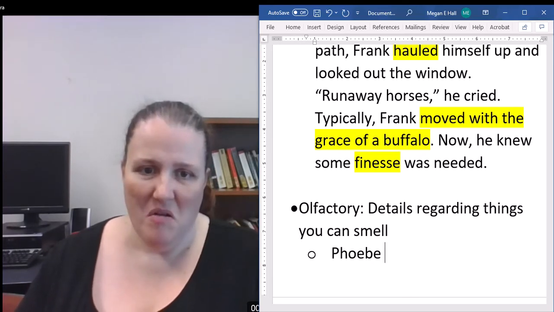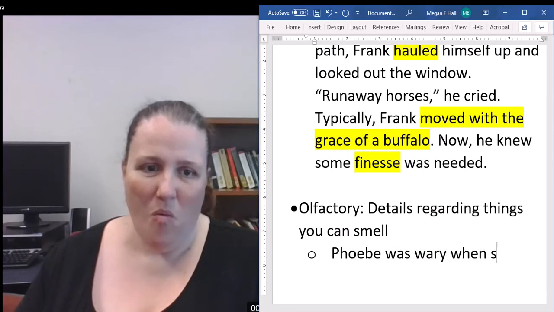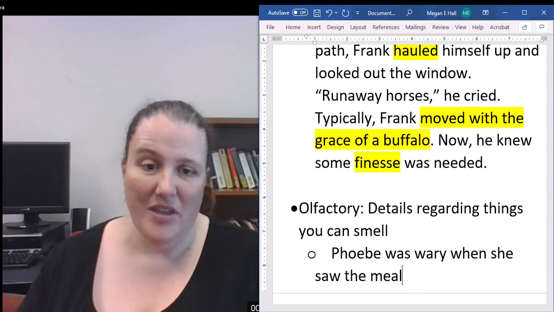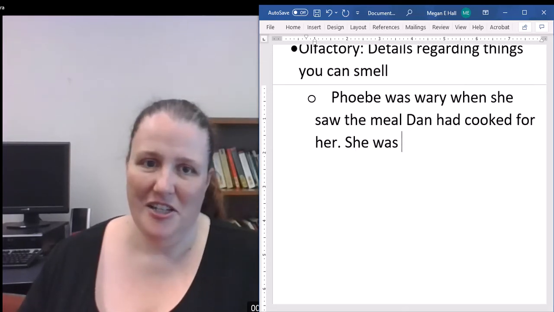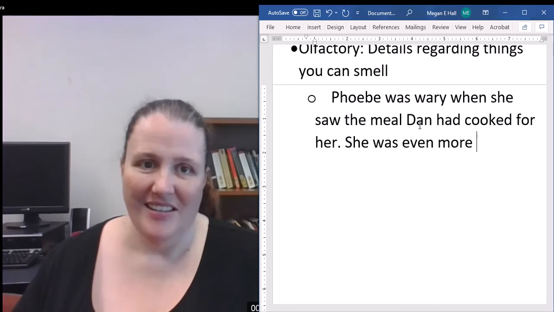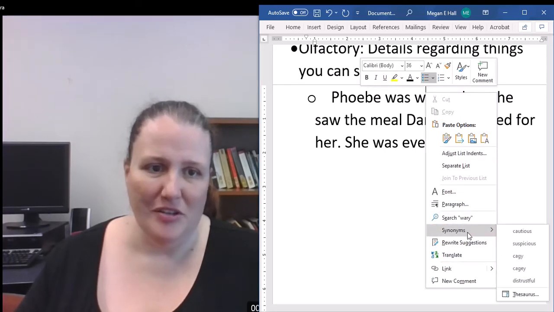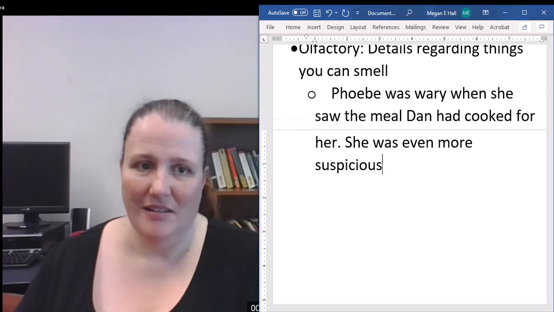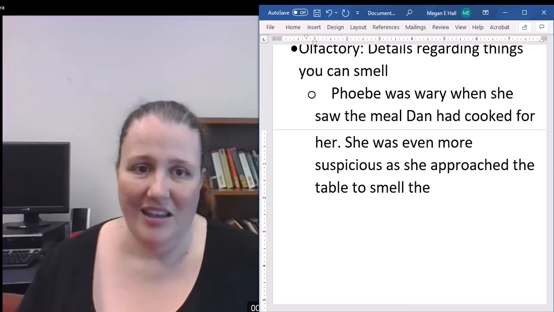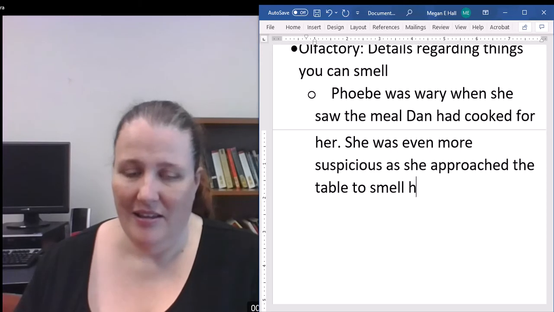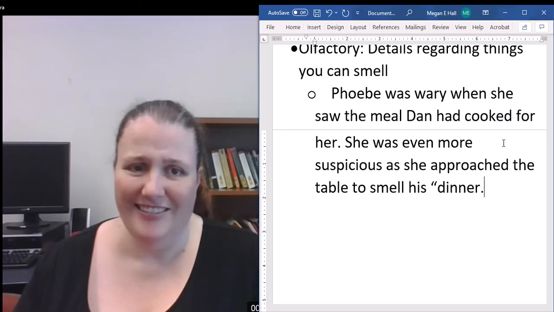Phoebe was wary when she saw the meal Dan had cooked for her. She was even more, I don't want to say wary again, and I don't want to say trepidatious, I'll say suspicious. She was even more suspicious as she approached the table to smell his, I'm going to put this in air quotes, dinner.